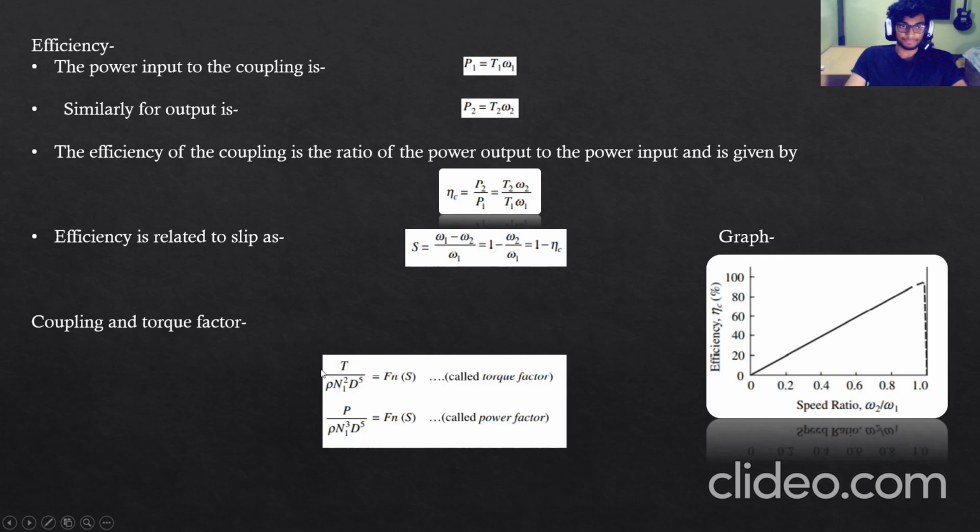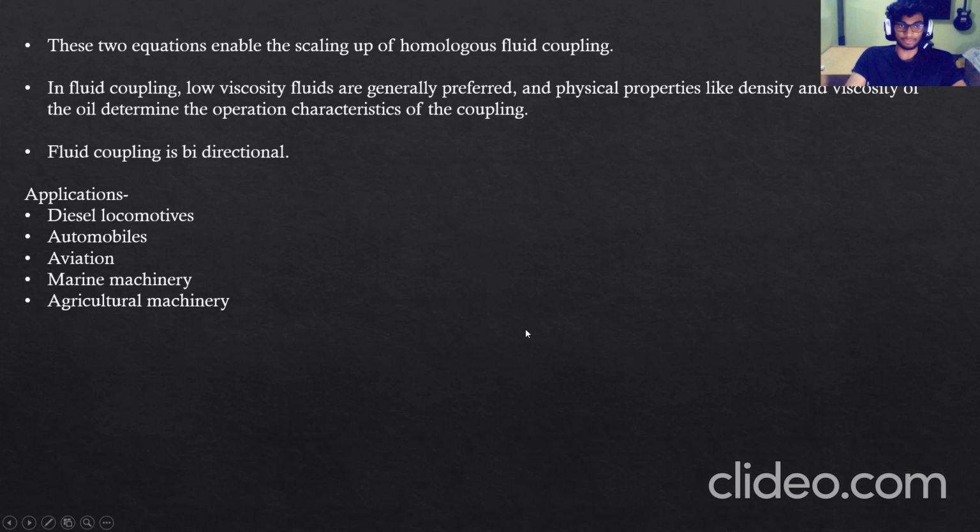And it is from the first equation you can see that torque is directly proportional to the square root of n, and power is directly proportional to the cube of n, and torque is directly proportional to the square of n. Now these two equations enable us for the scaling up of homologous fluid coupling.